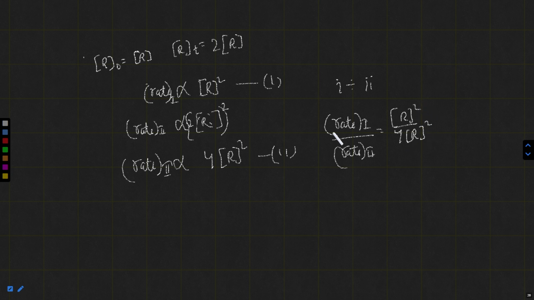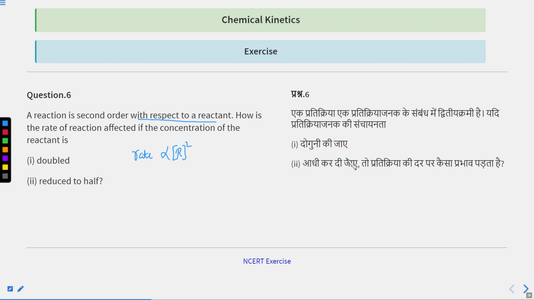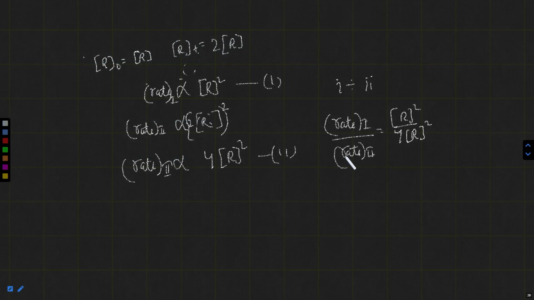So you can do this thing. You don't have to worry about it. How have you done it? Suppose you remove this proportionality sign, you will get a constant K. Similarly, you do it for the second, and now when dividing 1 by 2, the proportionality constant K and K will cancel out, and this will give you this equation. Now it is asked how the rate of reaction is affected.